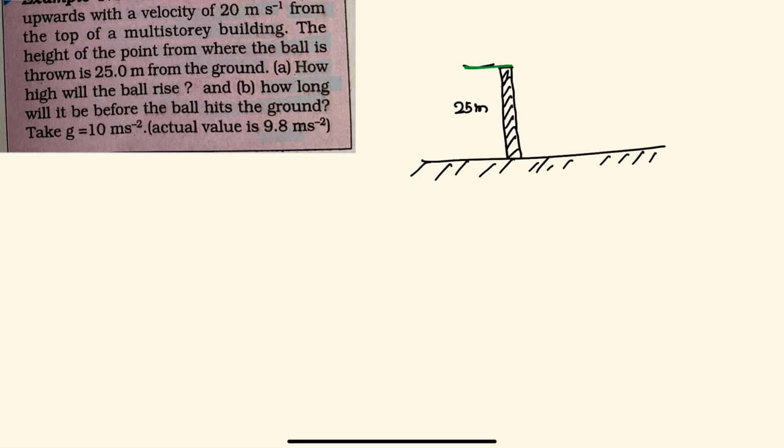Of course, this is to be chosen as point A to B, which is the maximum, right? From that point it will fall down and strike the ground again, right? Now this is the scenario. What is the first question?